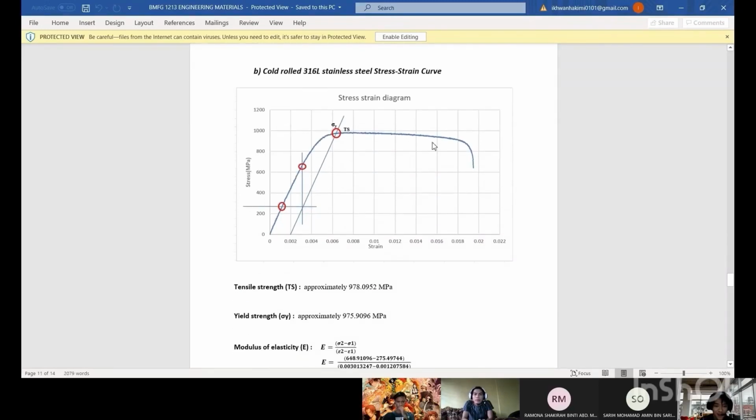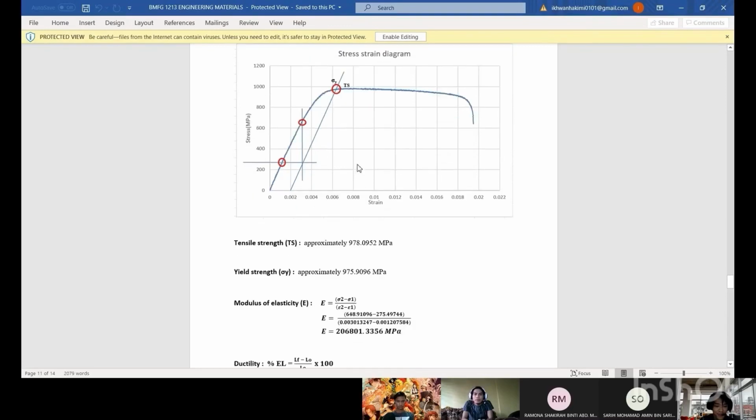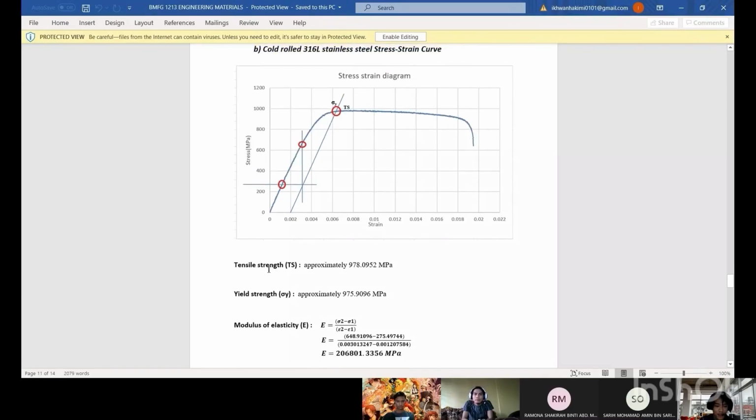We move to cold rolled 316L steel. First, we need to plot the stress strain diagram, and then we need to find the tensile strength, which is the maximum point. From the diagram, the maximum point is this. So we can find the tensile strength is approximately 978.0952 megapascal.